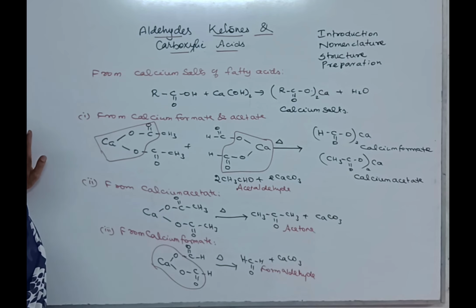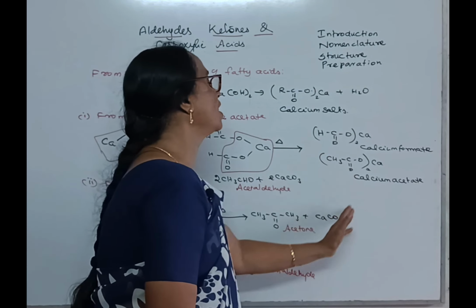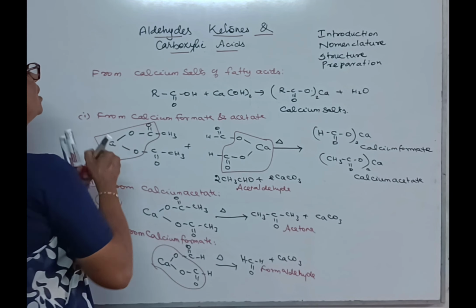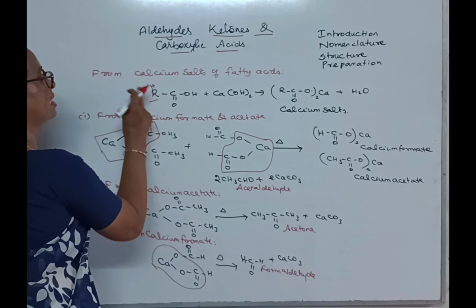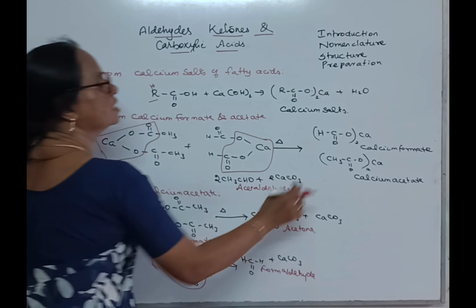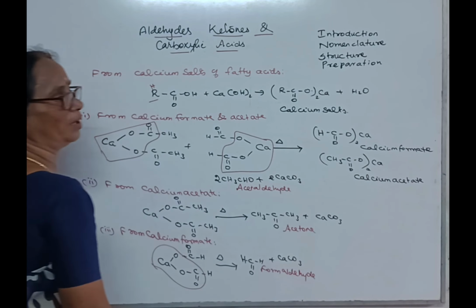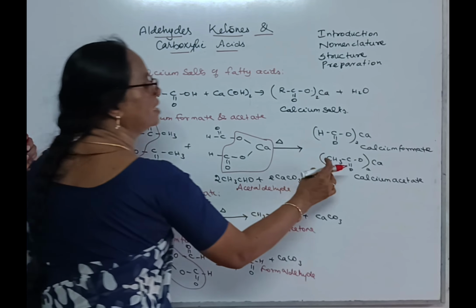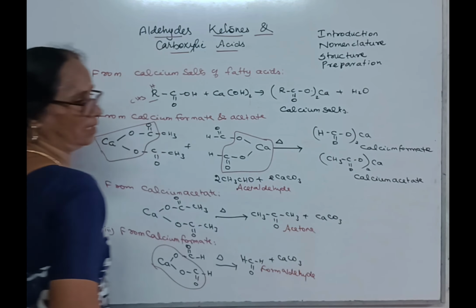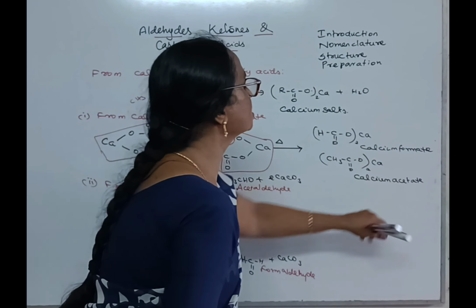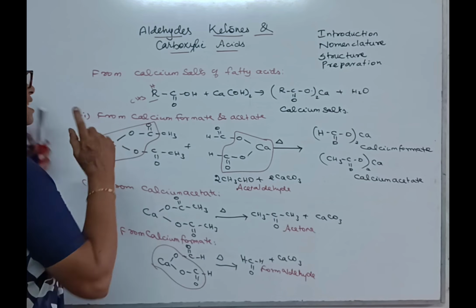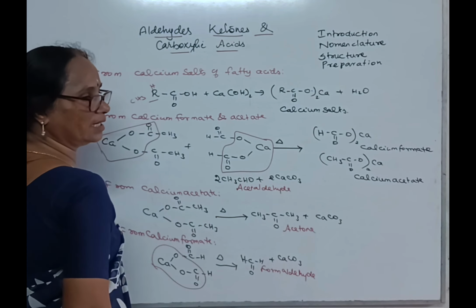So let us take first of all, what are the formulas for calcium formate and calcium acetate? Suppose if R is only hydrogen, that will be formic acid, so you are getting calcium formate. Or if R is a CH3 group, then you will get calcium acetate. Let us take these 2 salts to prepare the aldehydes and ketones. Let us prepare first of all acetaldehyde.